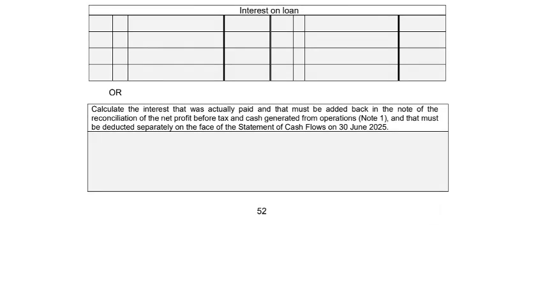On the credit side of the interest on loan account, we're going to say 2024 July the 1st, accrued expenses, and the amount at the beginning of the year was 3,500.